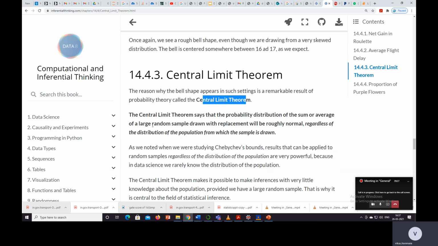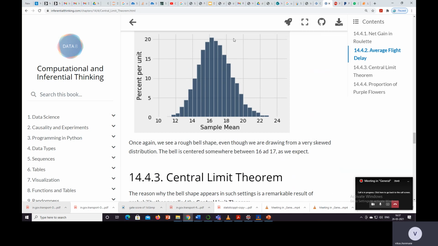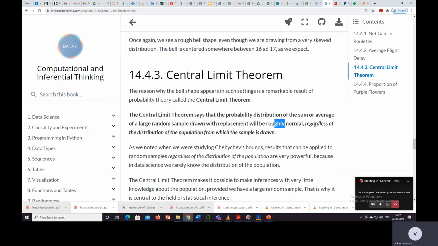Here we have taken the mean, not the sum, of large random samples drawn with replacement, so it will be roughly normal. The distribution of sample means is roughly normal regardless of the distribution of the population from which the sample is drawn.